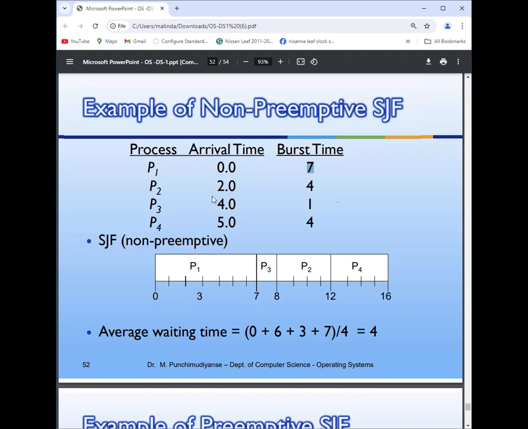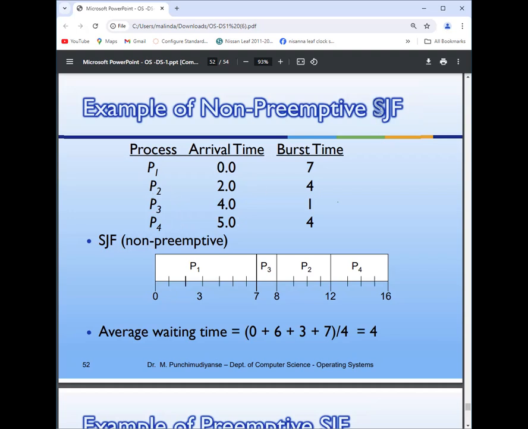By that time, P2 has arrived, P3 has arrived at time 4, P4 has arrived at time 5. So the other 3 processes are in the ready queue, P2, P3 and P4. Then we employ the shortest job strategy and pick the shortest one. The shortest one is P3, so P3 runs next, from 7 to 8. Then there are 2 remaining.